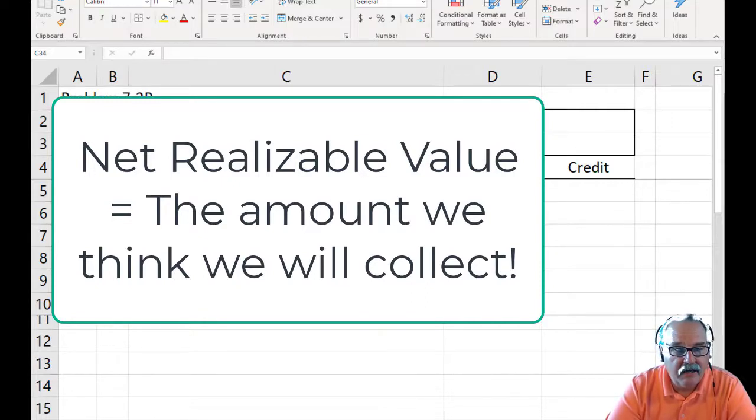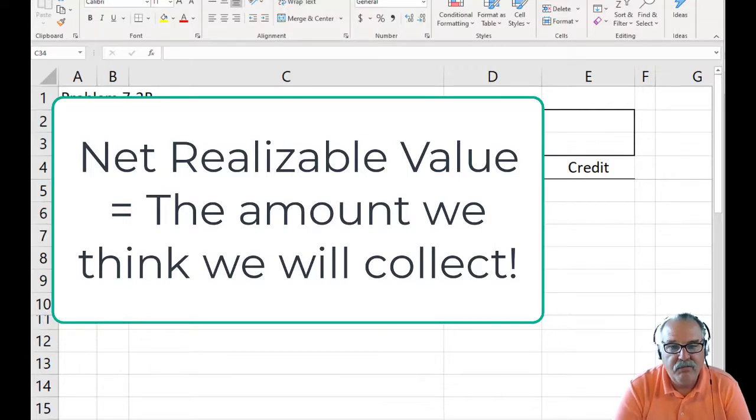Here we're talking about selling to a customer and extending terms, and then trying to figure out who is going to pay us and who is not, because we want to make sure that at the end of the period, the end of the month, the end of the quarter, the end of the year, we have our receivables on the balance sheet, which is an asset, at its net realizable value.